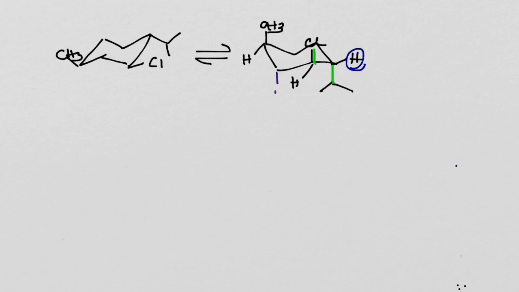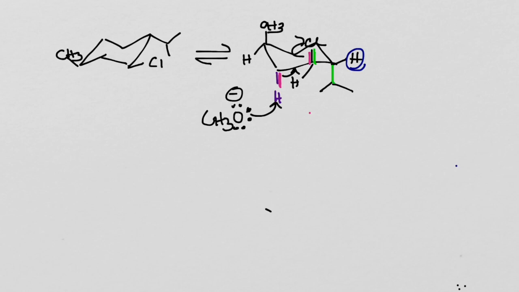However, there is another antiperiplanar proton available, and it is the proton that's right here. So this chlorine is now antiperiplanar to this proton. And so this is where our base is going to come in. Our methoxide anion, if it bumps into this molecule in this conformation, this is when our E2 reaction is going to take place.